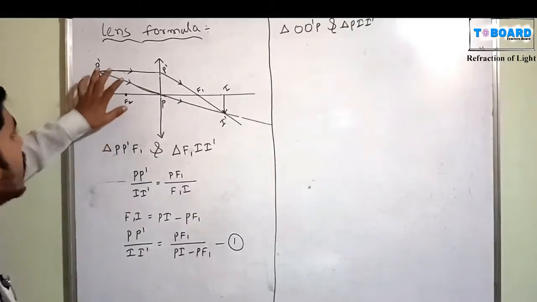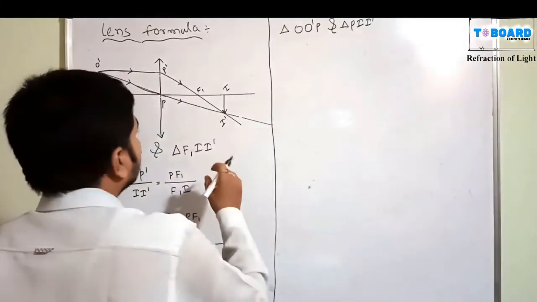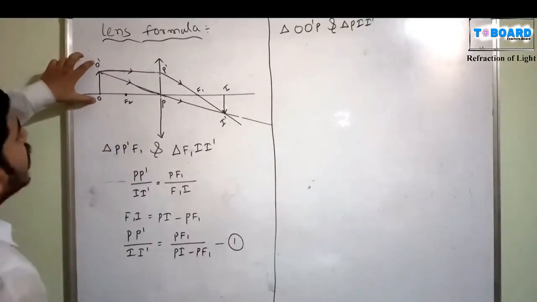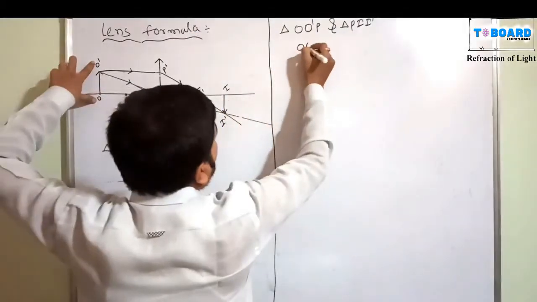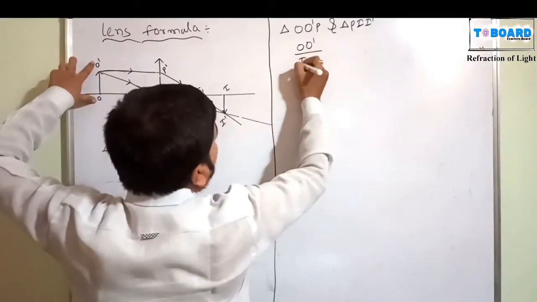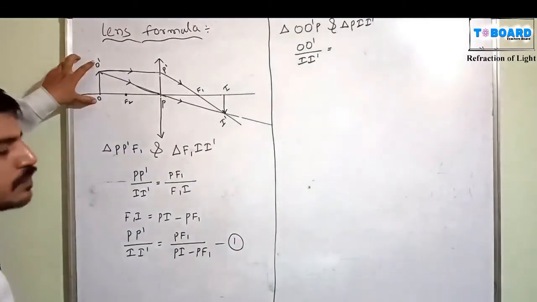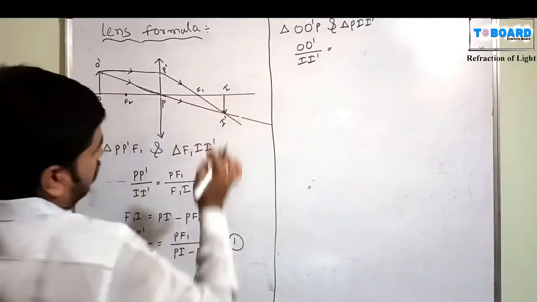So from this similar triangles formula, I need to write the ratio of the opposites: O dash divided by I dash is equal to OP divided by PI.